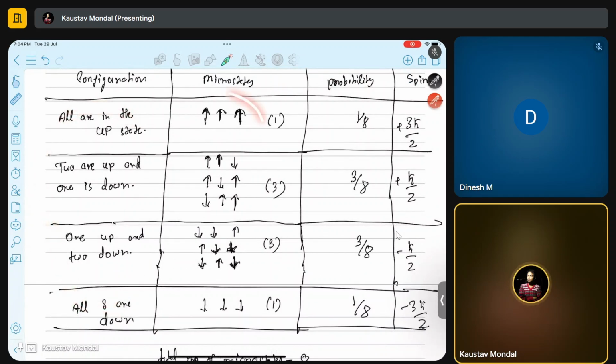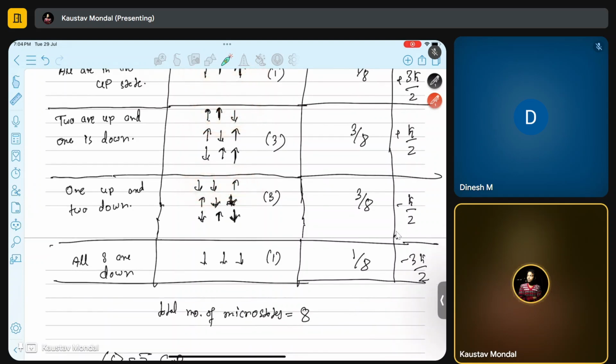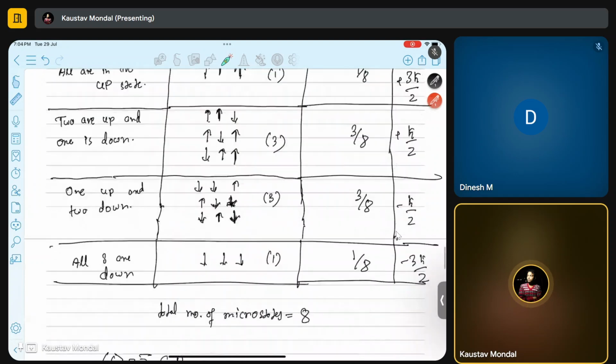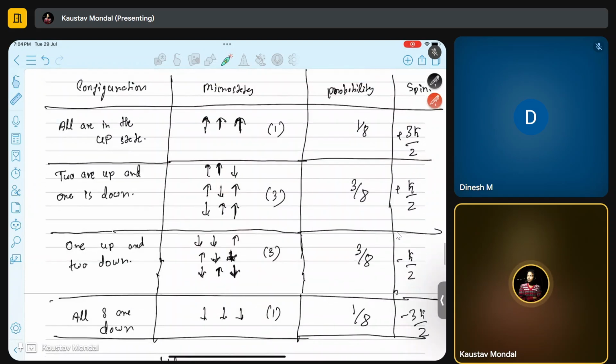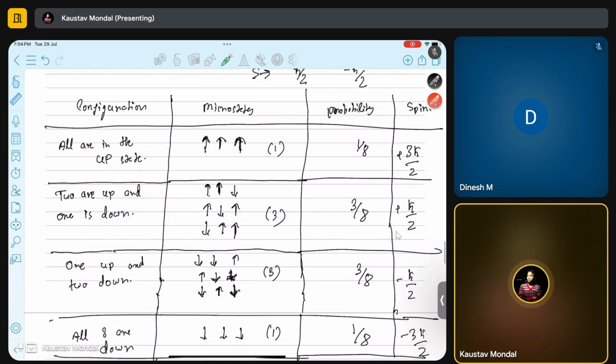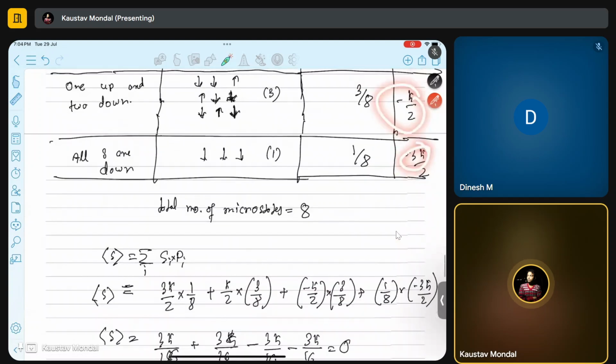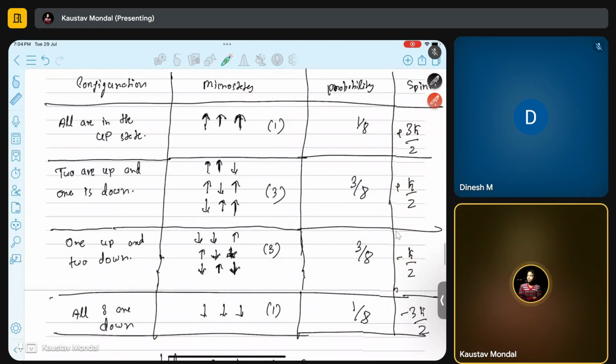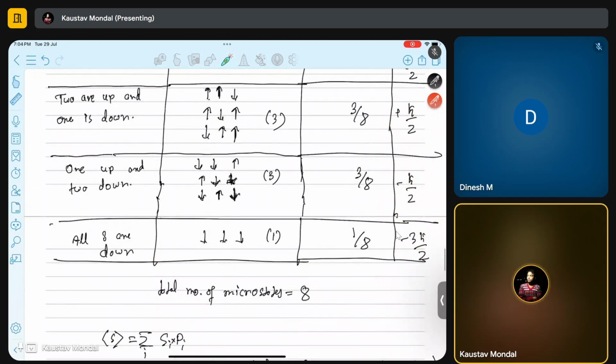Either 3 of them in up state, 2 up and 1 down, or 2 down and 1 up, or all three of them down. For each configuration, you calculate the probabilities and its corresponding spin values. After doing all of that, you get the total number of microstates, which is 8.